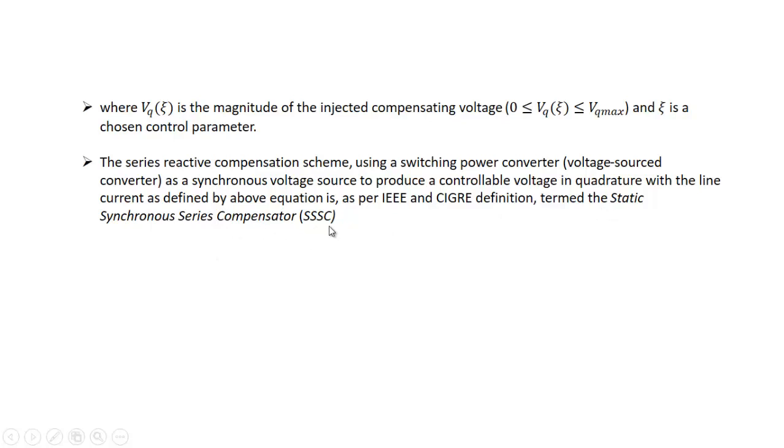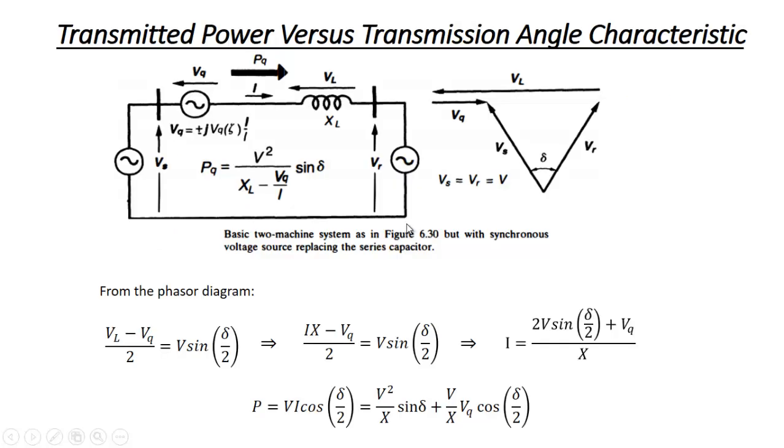So in this case, it is also doing the same thing as the synchronous machine, because without having the actual inductor and capacitor, it was producing the effect of this inductor and capacitor. It is static because there are no rotating parts. It is connected in series, that's why it is known as static synchronous series compensator.